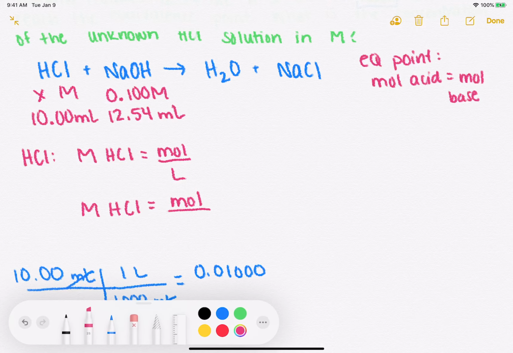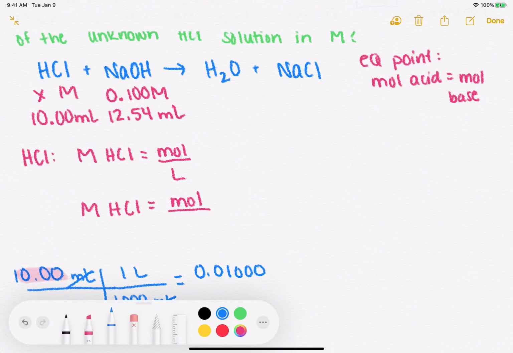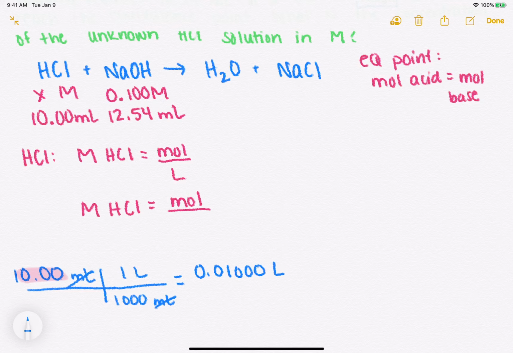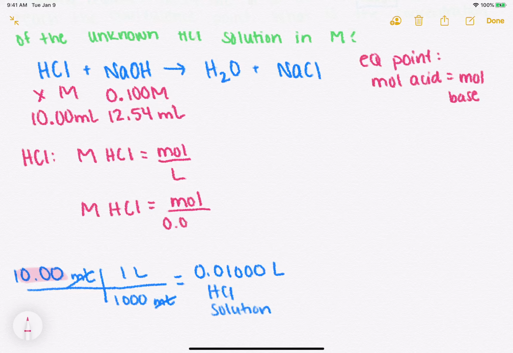Notice that all of these are significant figures. Liters of HCl solution. So now that we have our liters, we can plug that in to our volume down here on the bottom.